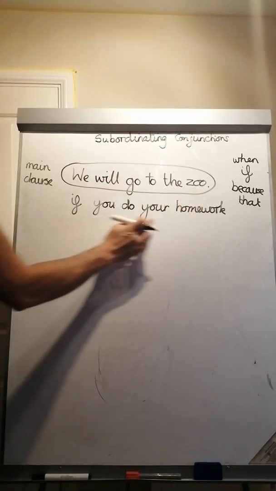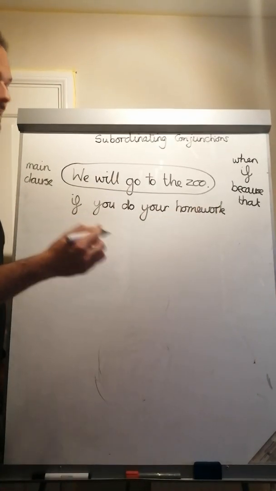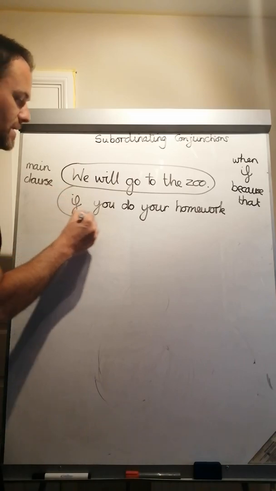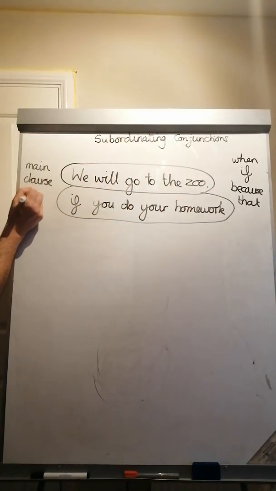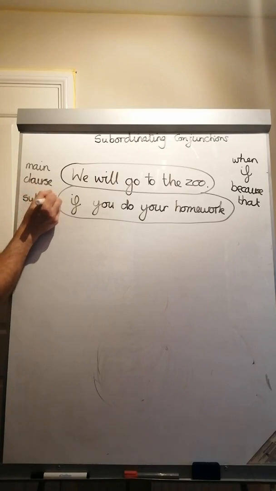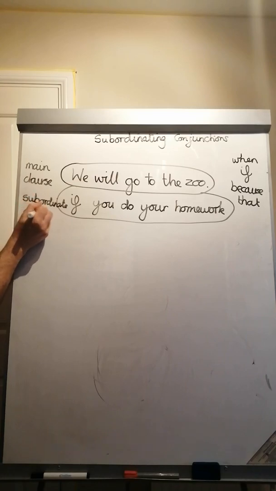Okay, you do your homework. That doesn't make sense. If you do your homework, that doesn't make sense by itself. So this bit here is our subordinate clause.